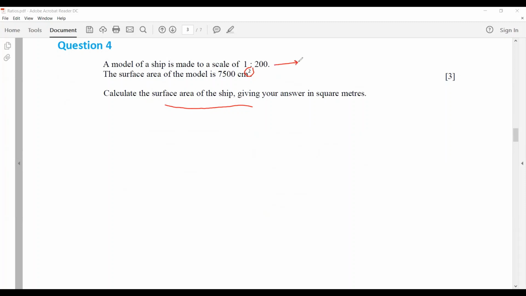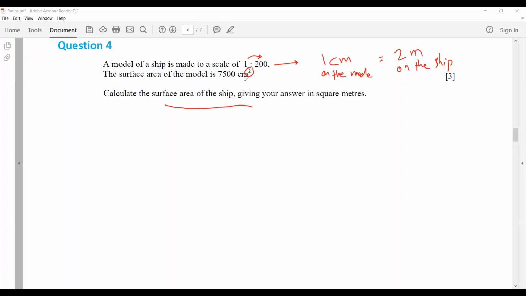This means 1 cm on the model is equal to, so it's 200 times bigger, 200 cm, which is 2 meters on the real ship. You can do this right from the beginning, or you can do the conversion at the end. It doesn't matter.